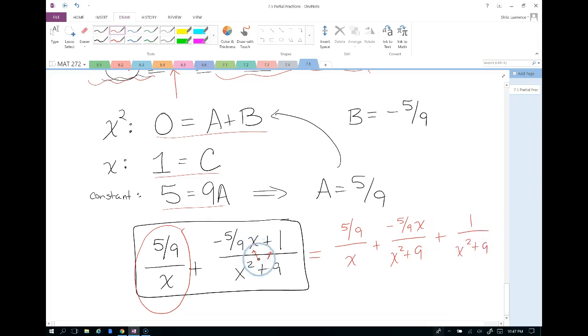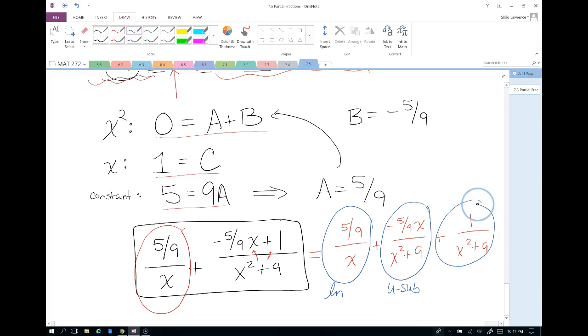All I did there was separate the terms in my numerator. And this is definitely going to be a lot easier to integrate, because this one's just going to turn into a log. This one we can do a u substitution. This one turns into arctangent.